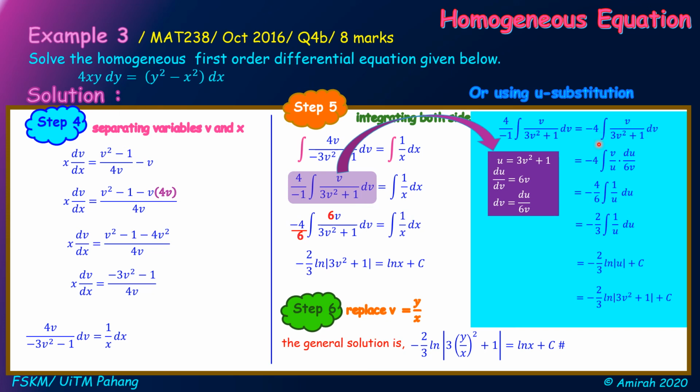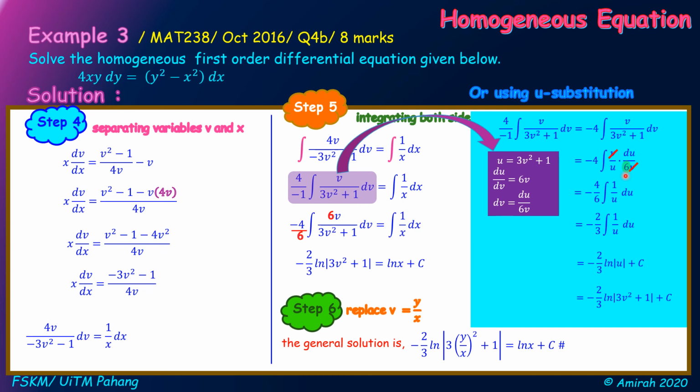Now we replace 3v squared plus 1 with u. And then we replace dv with du over 6v. And then from here, we can simplify v from the numerator and v from the denominator.